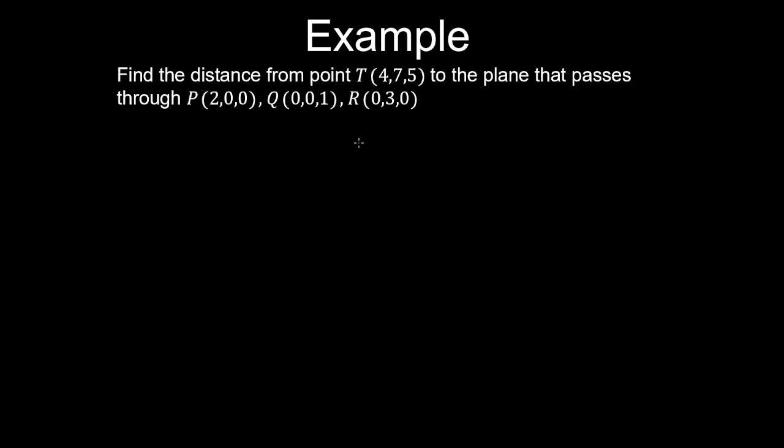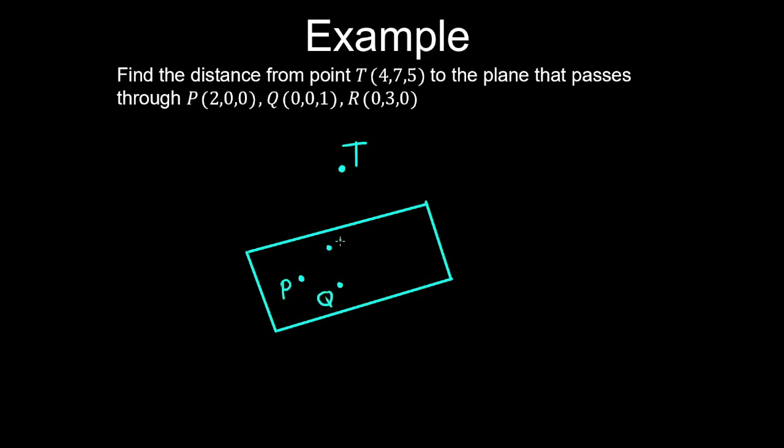Find the distance from a point T to a plane which passes through 3 points, being P, Q, and R. So we need the normal to the plane to define this plane.